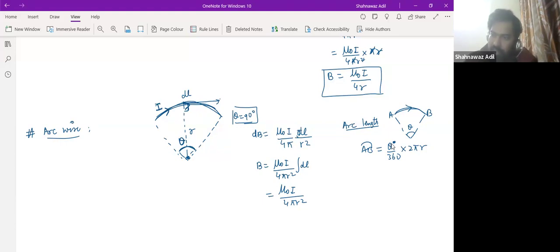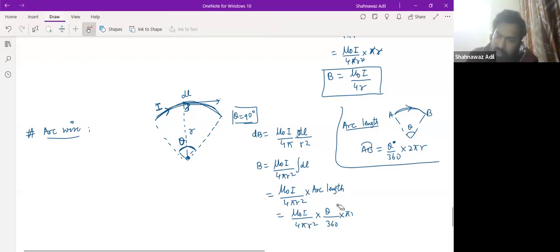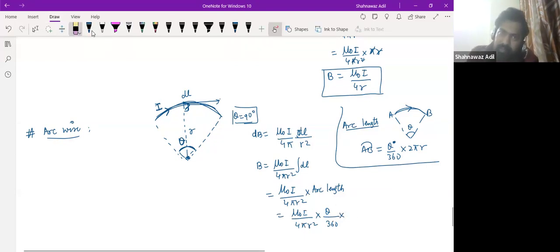Okay, so you remember this. Then if I write this, this would be the arc length. So this would be μ0 I by 4 pi r square, times the arc length, which is theta by 360 times 2 pi r.